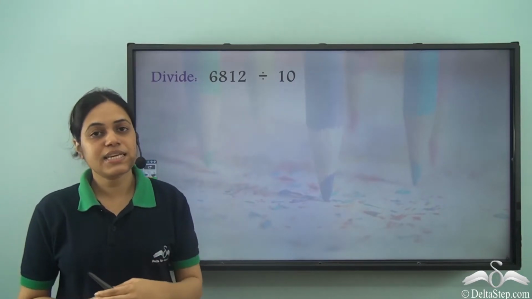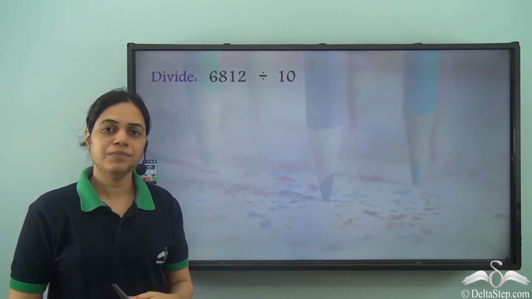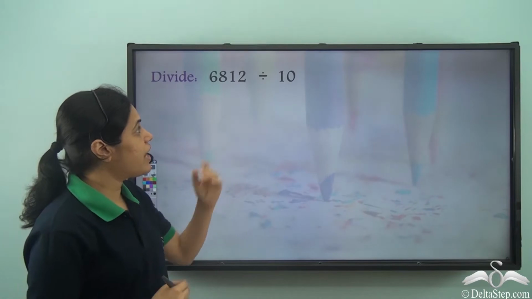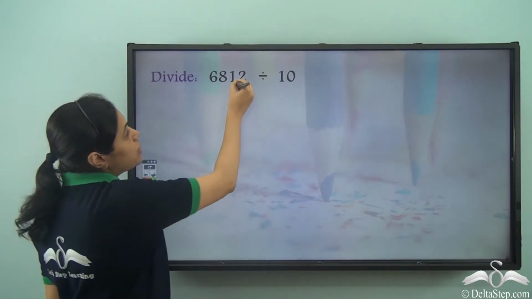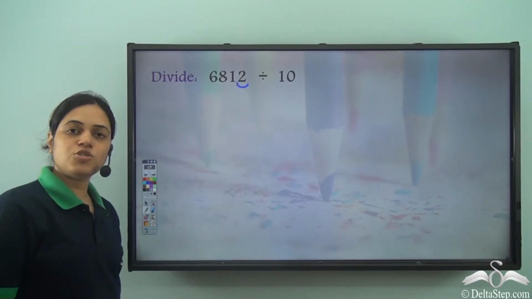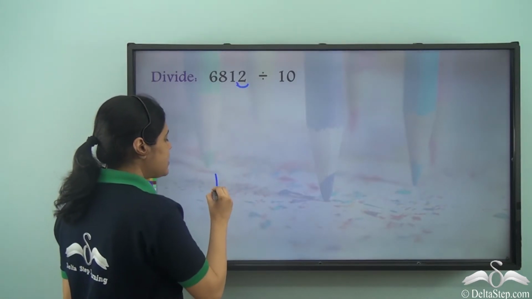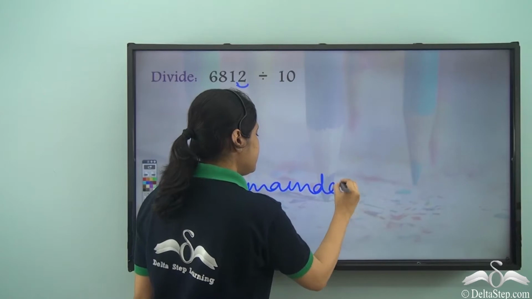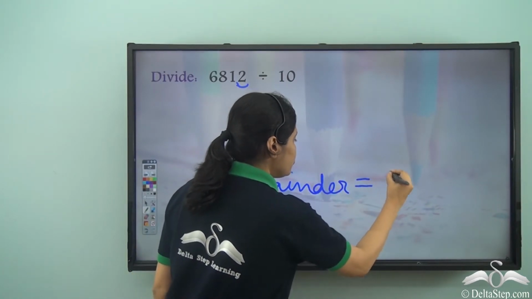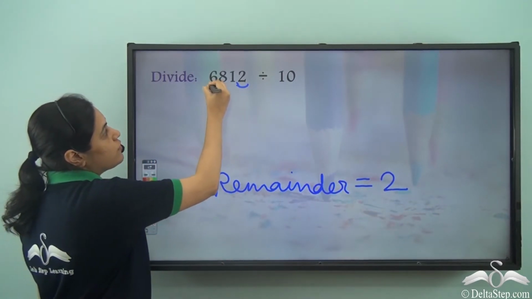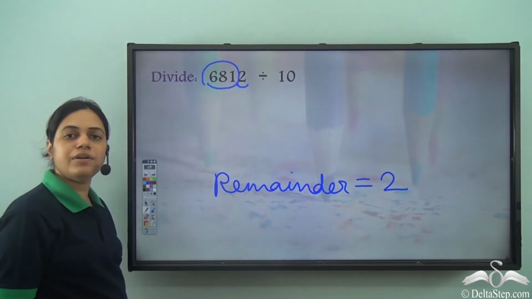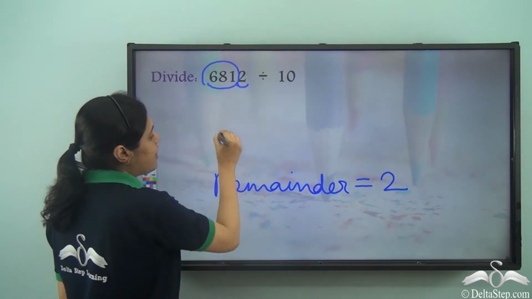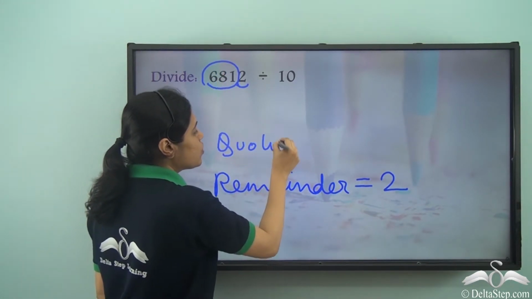Now what is 6812 divided by 10? I know when I divide by 10, the units digit, that is 2 in this case, is the remainder. So the remainder is equal to 2 and the rest of the number, what is the rest of the number? 681 is the quotient.